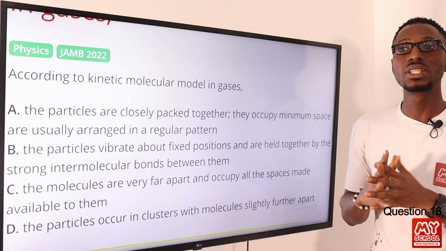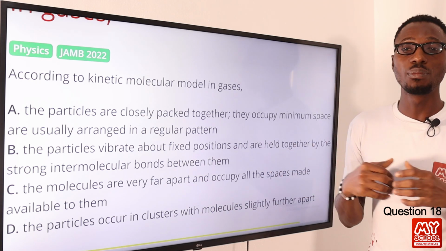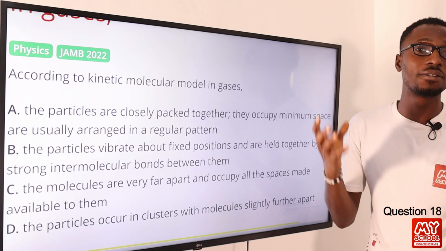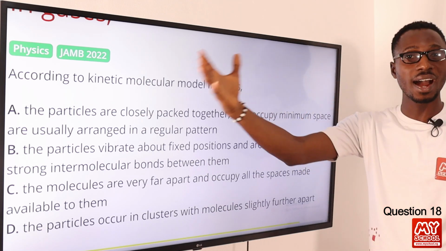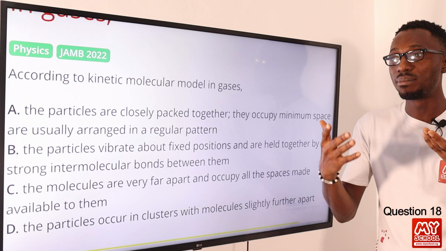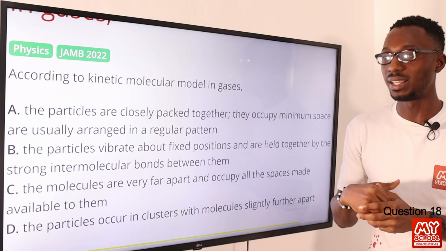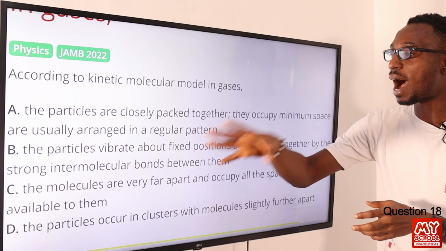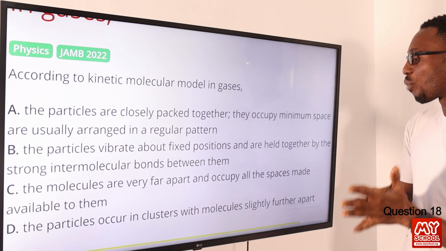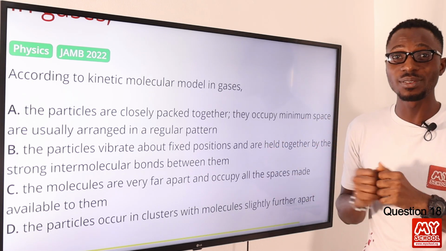Then again, there's neither force of attraction nor repulsion between them, and these molecules are very small and far apart. So looking at the concepts I've quoted so far, option C tallies: the molecules are very far apart and occupy all the space made available to them. So option C is the right option.